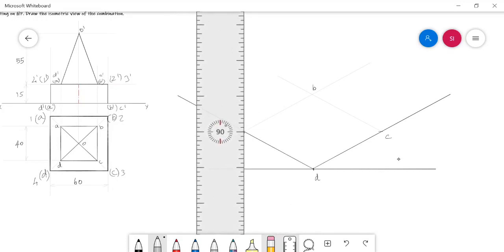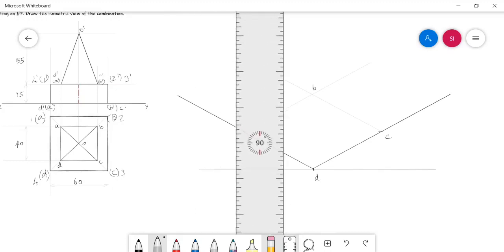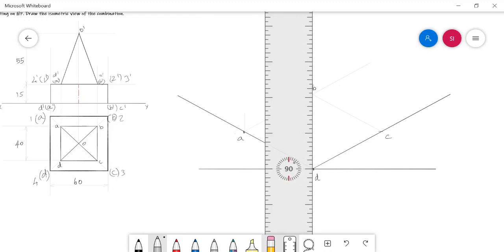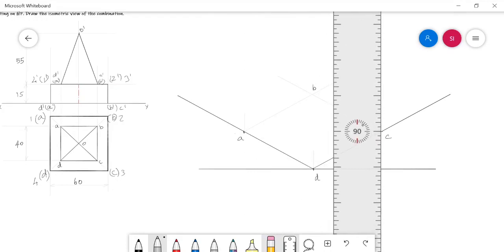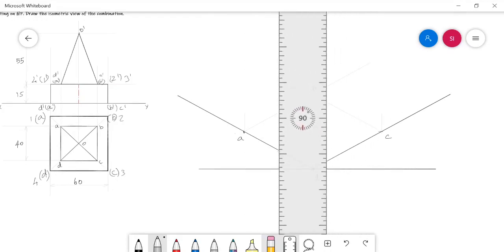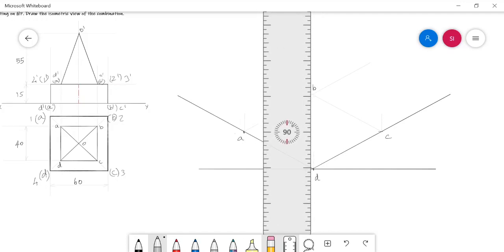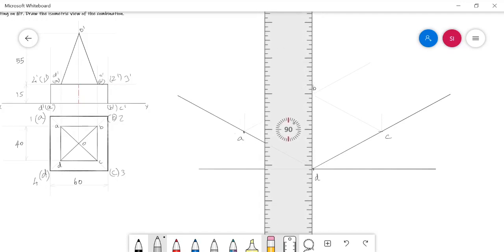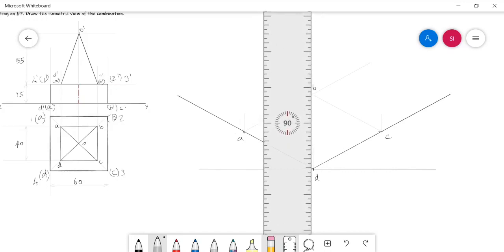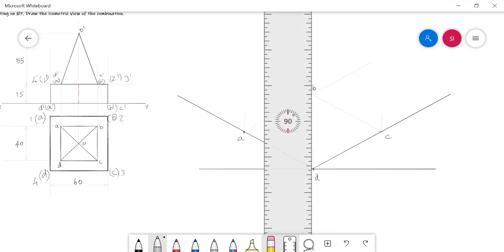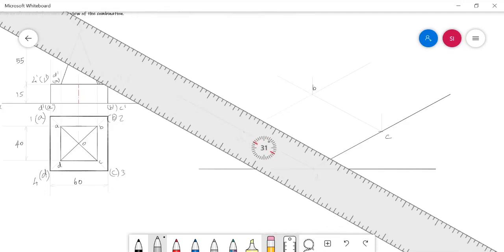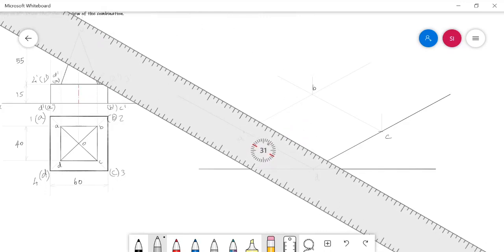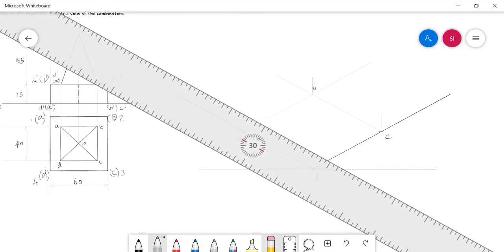So from A, 15 mm, from D, 15 mm, from C, 15 mm, again from B, 15, and then roughly I can connect them with the 2H pencil.